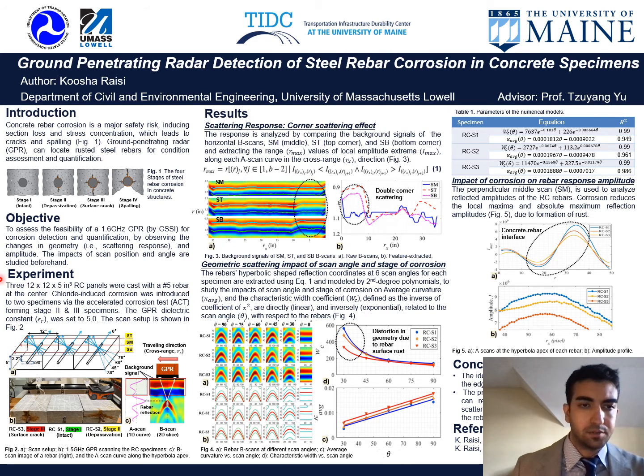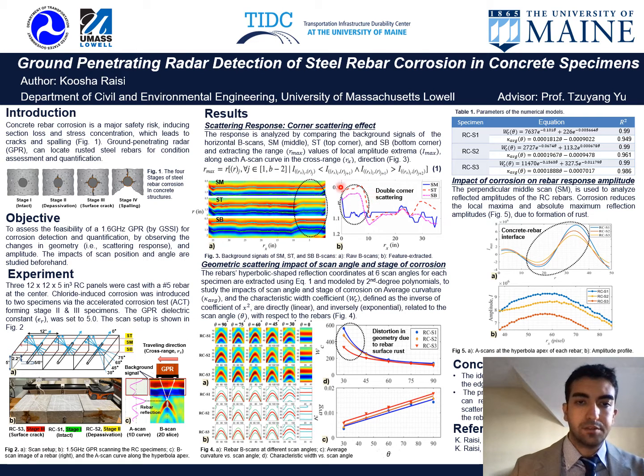As we can see here, we have the middle scan, the top scan, and the bottom scan, corresponding to these three scan lines here: top, middle, and bottom. We use this equation here, which gives the range values that correspond to the local maxima of these radar amplitude points.